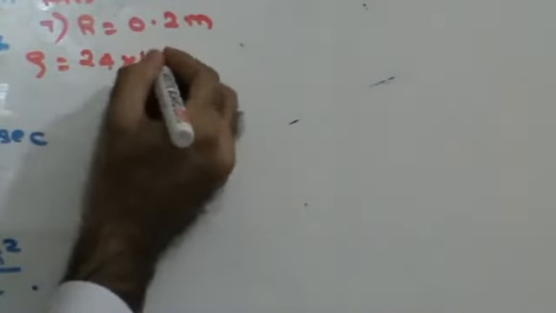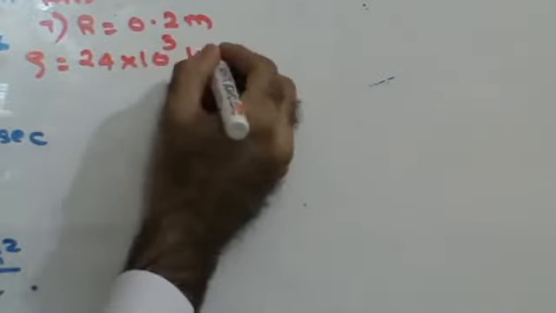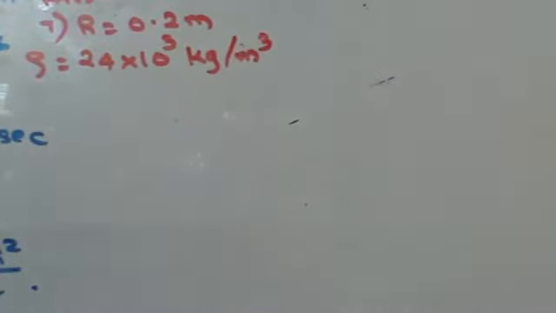Next, take on next one, please. A uniform solid sphere has a radius of 0.2 meters and a density of 24 into 10 raised to 3 kgs per meter cube.